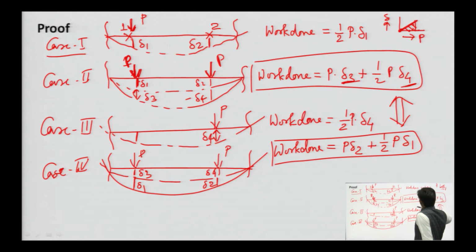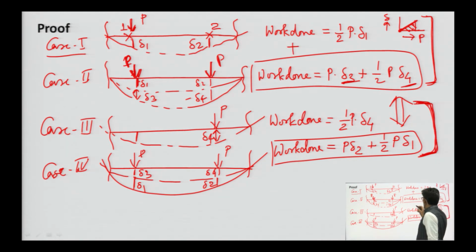Now, add work done for this one and work done for this one. What will be the sum of this work done plus this work done, and the sum of this work done plus this work done? It will be exactly same.